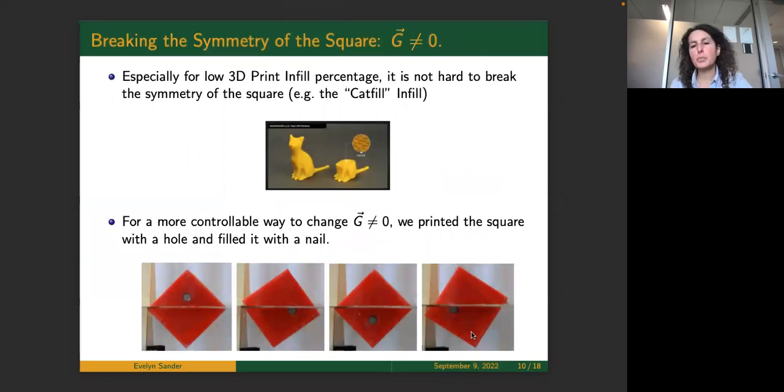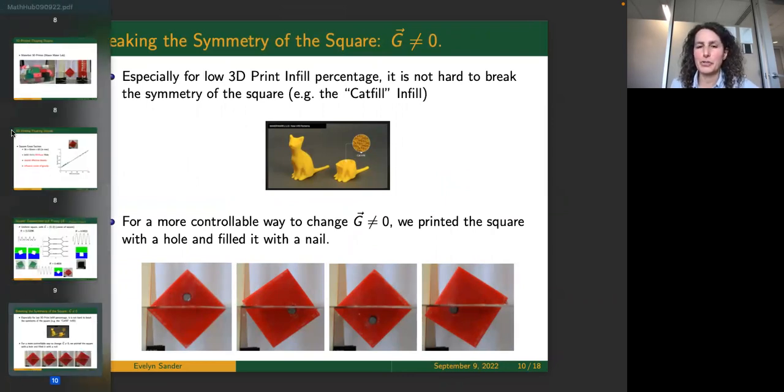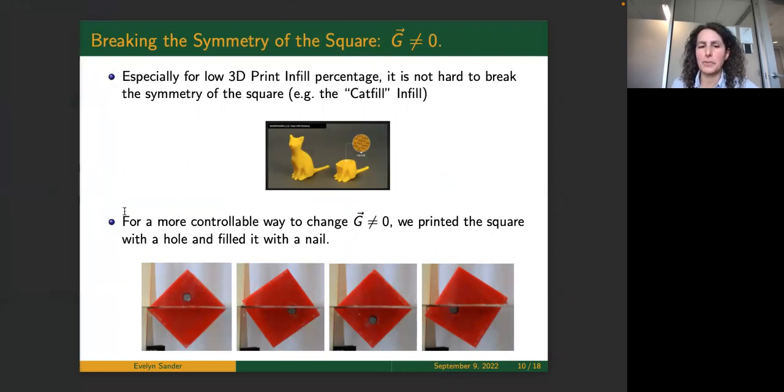But then we tried something else, and this is the cat infill, which broke the symmetry.